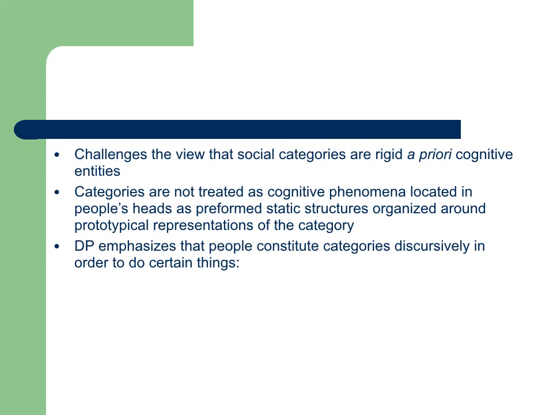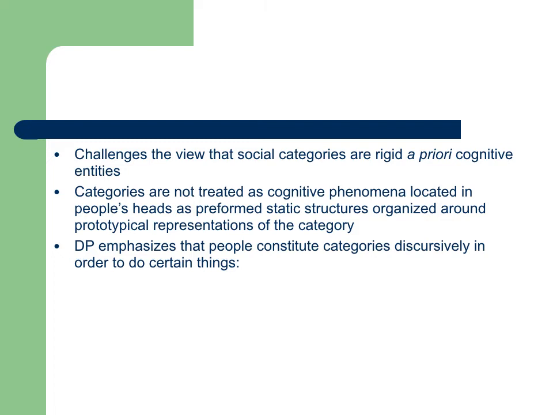So discursive psychology challenges the view that social categories are rigid, a priori cognitive structures. They're not treated as cognitive phenomena located in people's heads, as preformed static structures organised around prototypical representations of the category. This is the very typical social cognition, cognitive science model of categorisation.